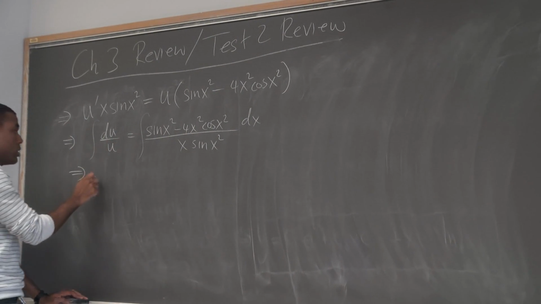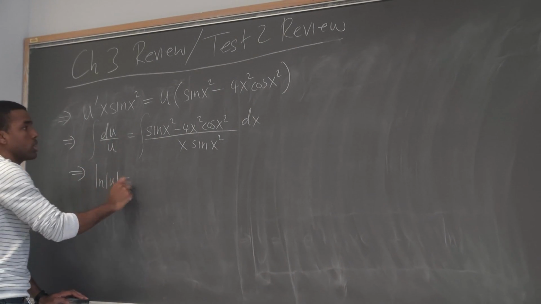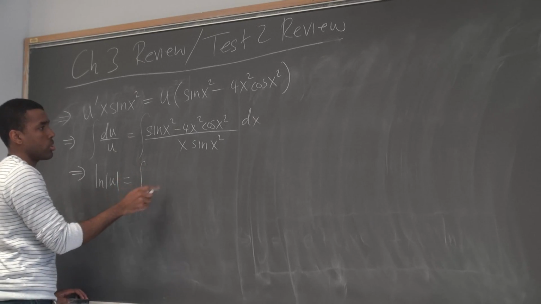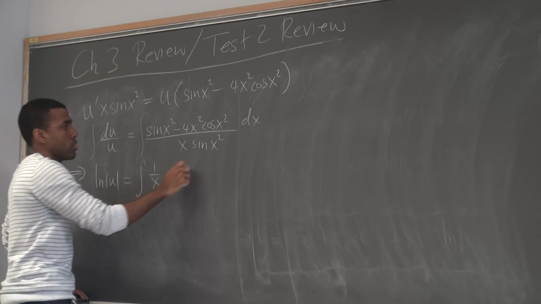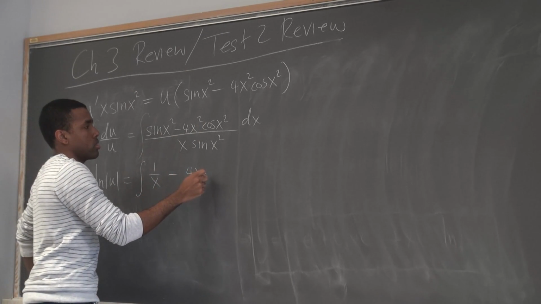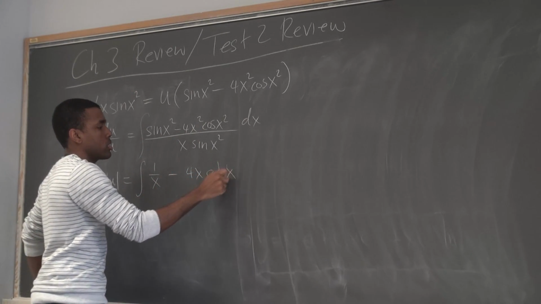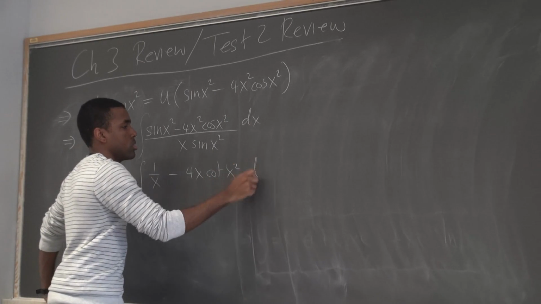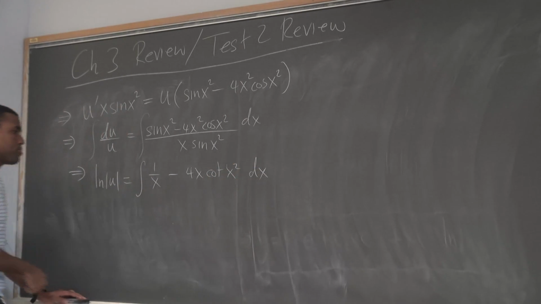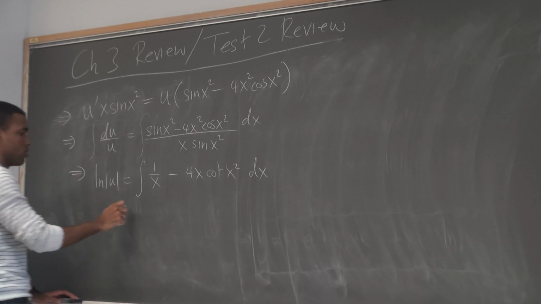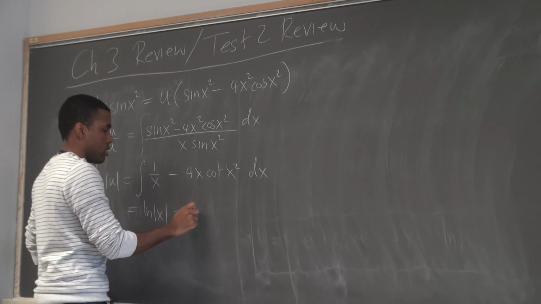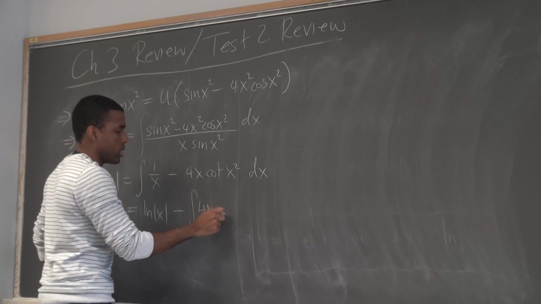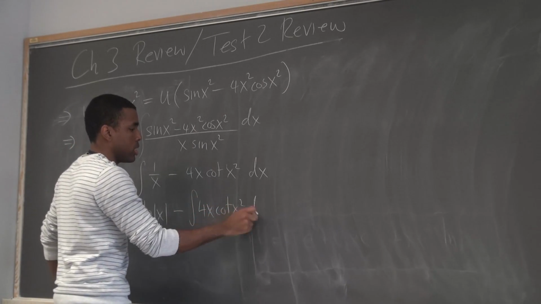Basically, this one here is going to be ln of u. This side here would be the integral of, just split the integral into two, right? So this is 1 over x minus 4x cotangent x squared dx. So this is going to be ln x minus integral of 4x cotangent x squared dx.